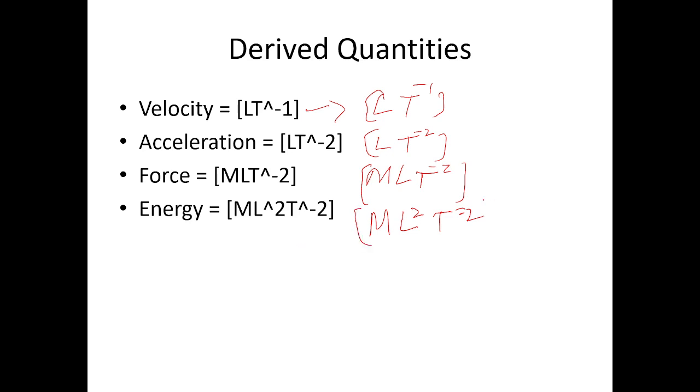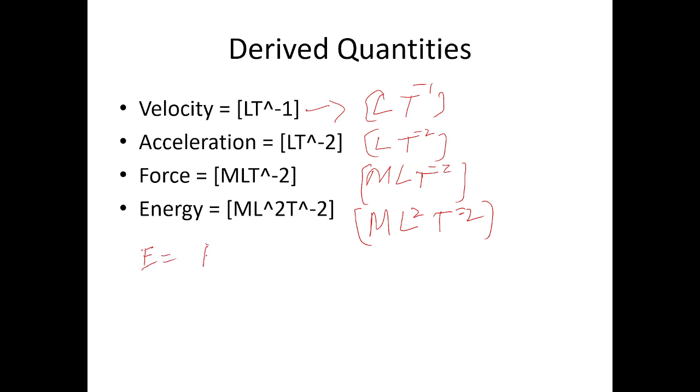And we clearly see it because the first is very clear, that is meter per second. The second is meter per second square. The third is kg meter per second square. And the fourth is kg meter per second square and meter. This is in fact energy.